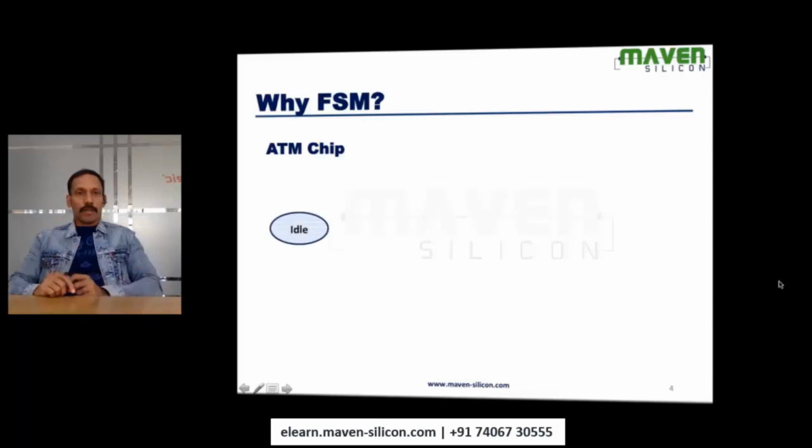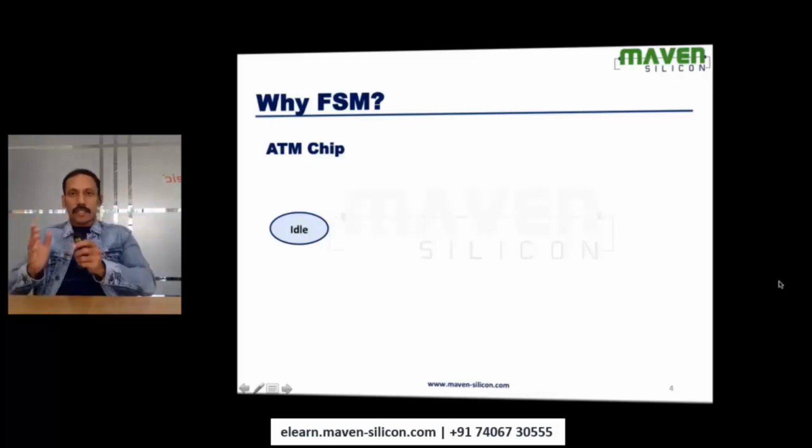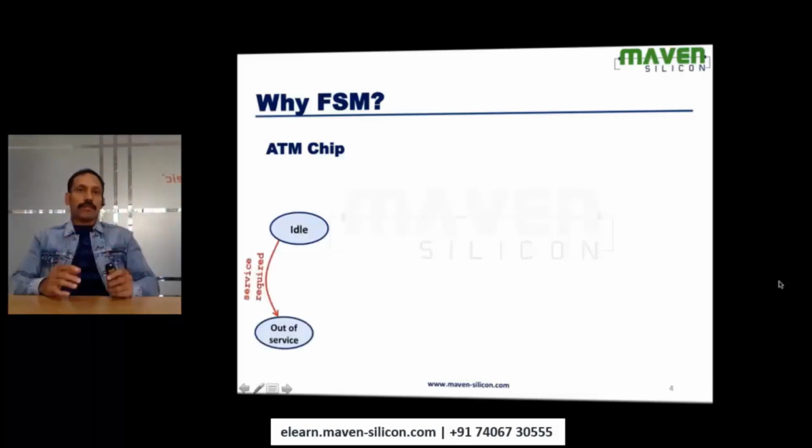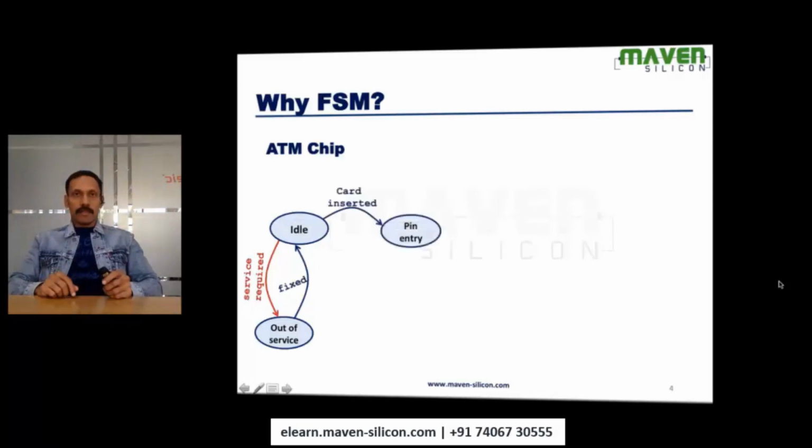When you put on power, this ATM will be initialized with the idle state. This is the initial state and everything is going to happen from this idle state. Now if this machine is out of service, automatically it gets into the out of service state and then automatically it comes back to idle state. You inserted your card, the machine is working fine. It gets into the pin entry state.